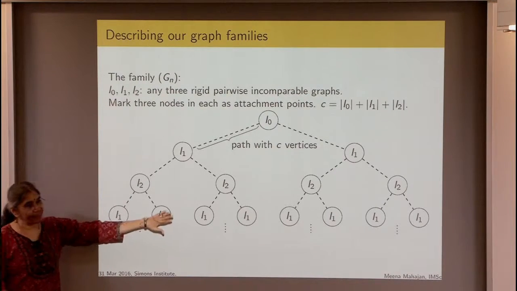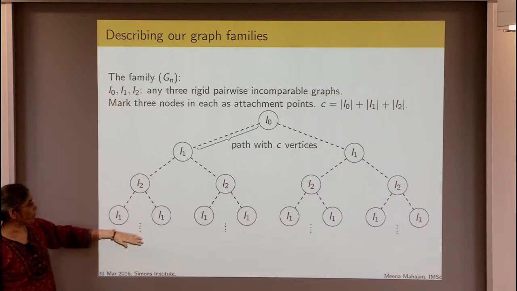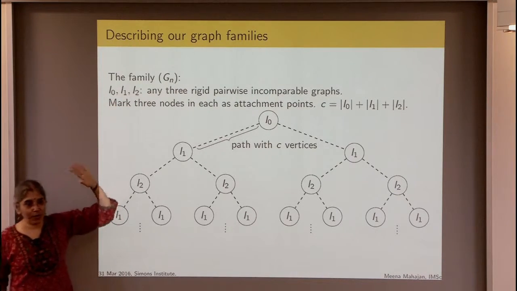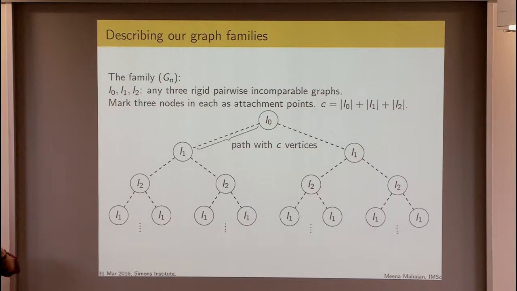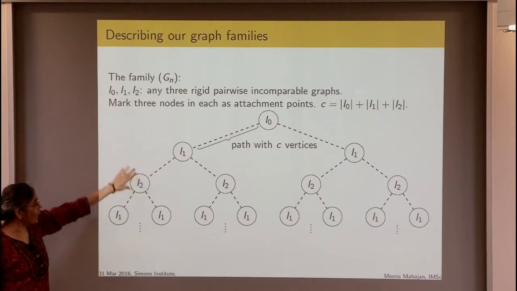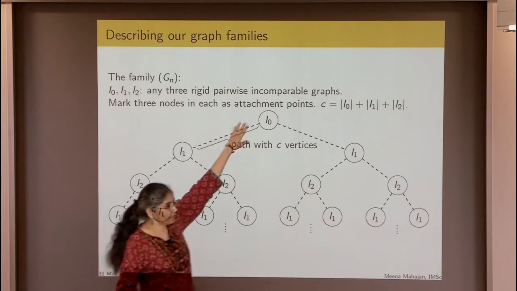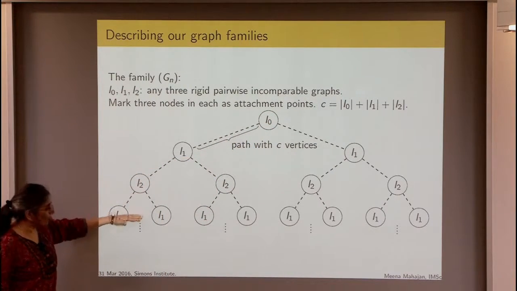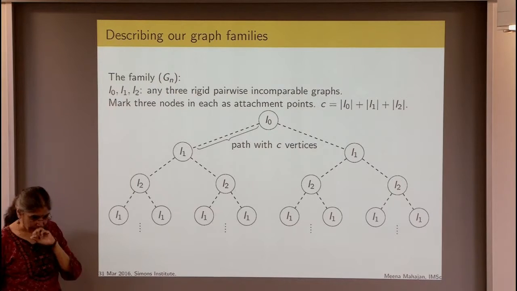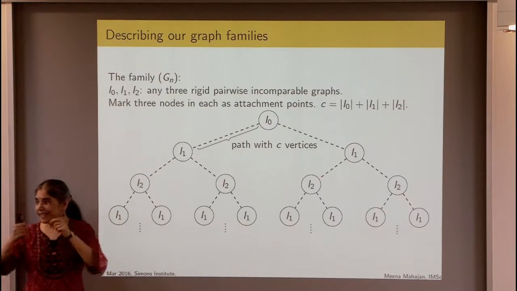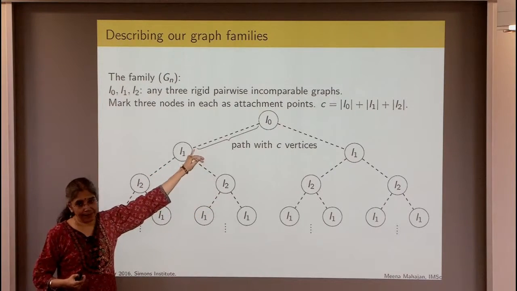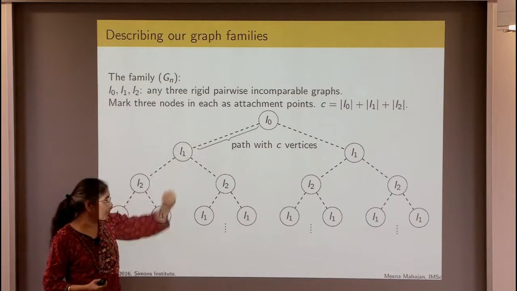Start off with a binary tree with exactly that power of 2 leaves, and we are fixing 3 graphs which are known to be rigid and pairwise incomparable, and we plug in those graphs into this tree. So at the root I plug in the graph I0, and then at subsequent alternate levels I1, I2, I1, I2, and so on. Each of these graphs has some designated attachment points. So I use those attachment points to connect the gadgets to the next level or to the parent.